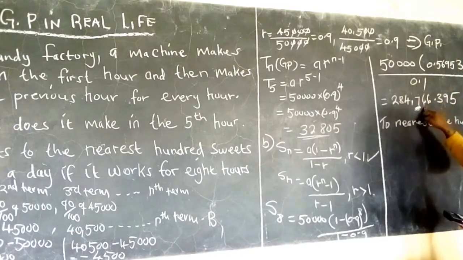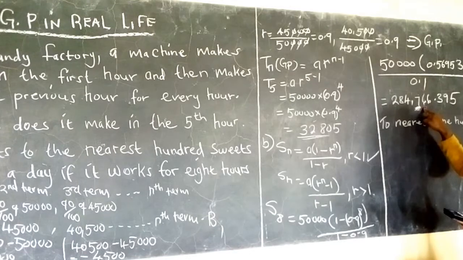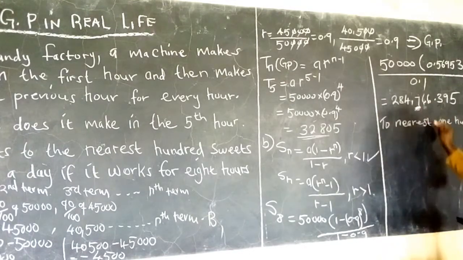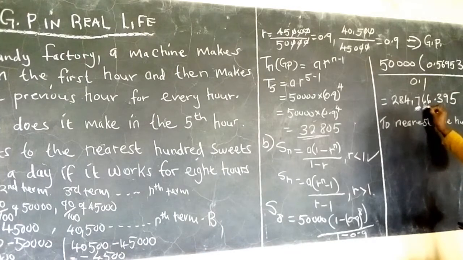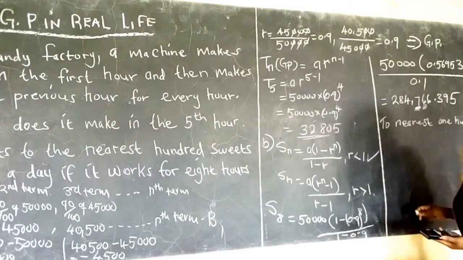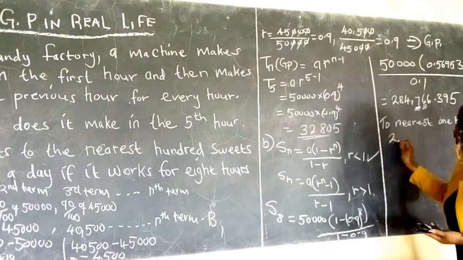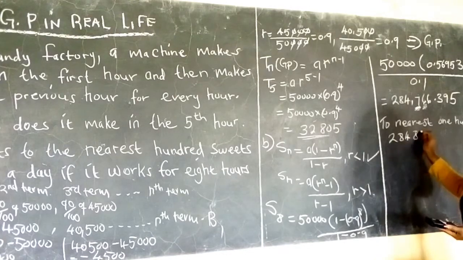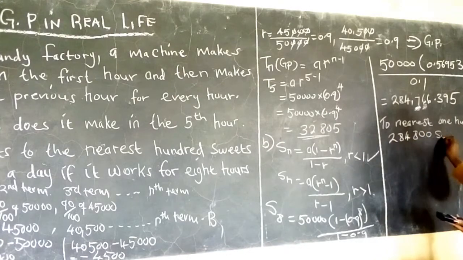If it is less than 5, what do we do? Check your Form 1 book. But in our case here, the digit is greater than 5, and therefore we are going to round up. So we shall have 284,800 sweets.